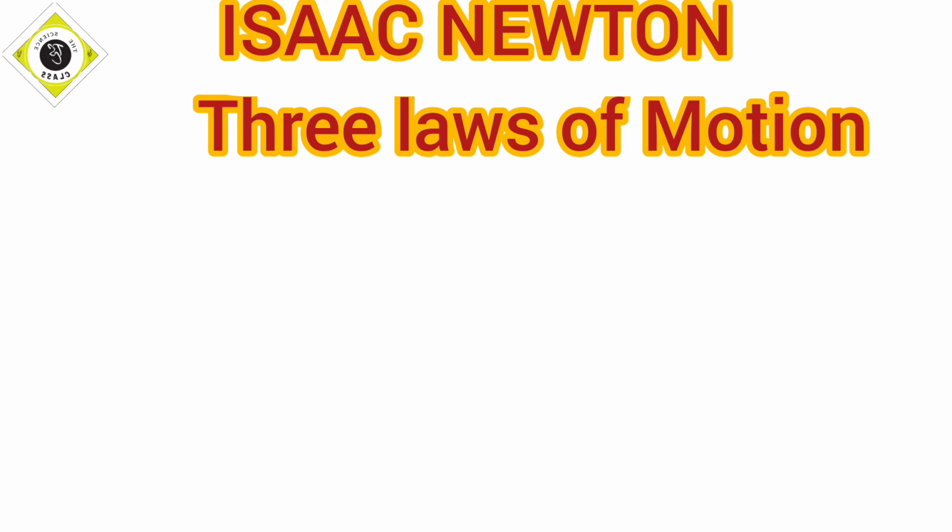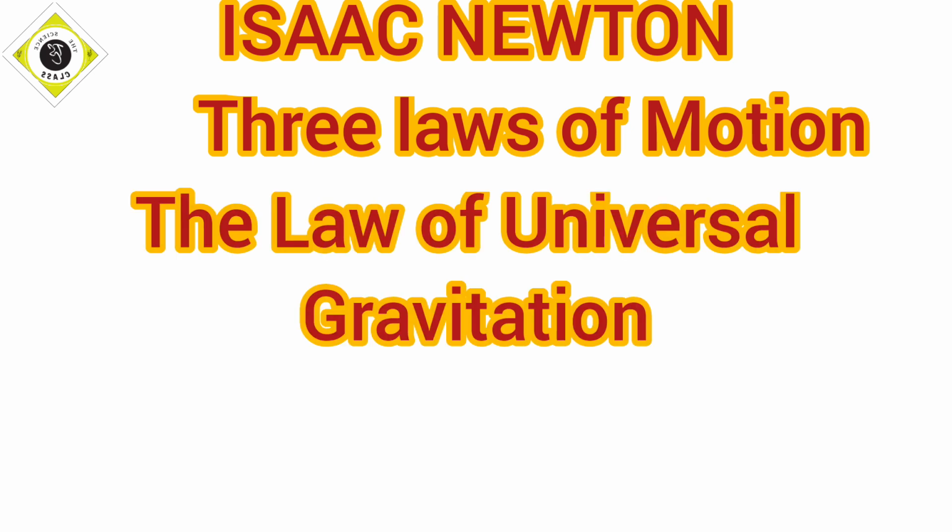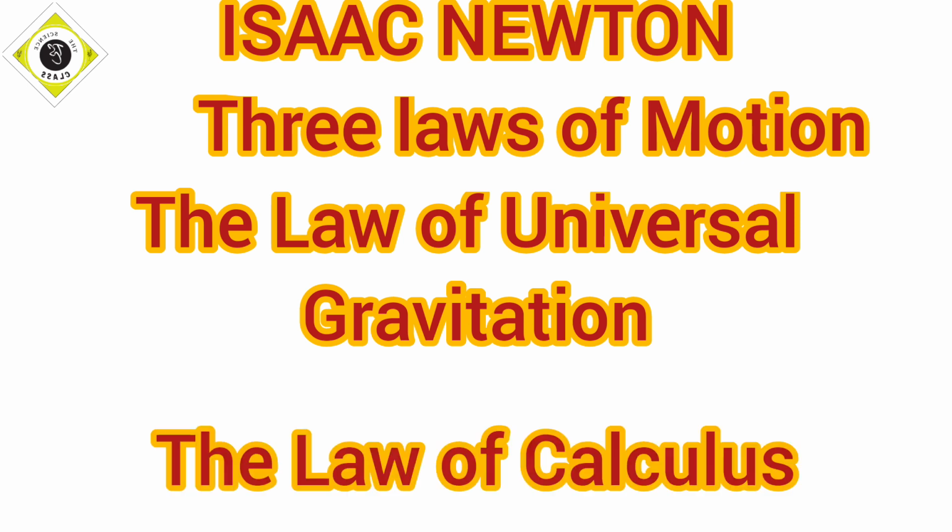The 3 laws of motion were from Isaac Newton. Then the law of universal gravitation that I just mentioned the other time was discovered by Isaac Newton. The invention of calculus. A lot of mathematics students and engineering students don't like calculus. But Isaac Newton was the one that discovered calculus. And in our world today, calculus has several uses.